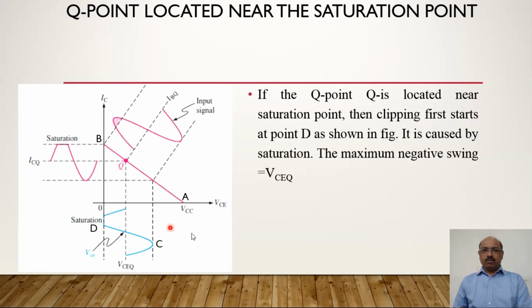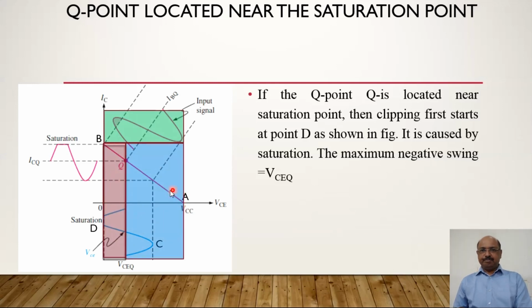Now, we will see if the Q point is located near the saturation point. Here, you can see that this much area is covered by VCEQ and the rest of the distance is covered by ICQ into RAC. So it is clear that the higher distance is covered by ICQ into RAC.